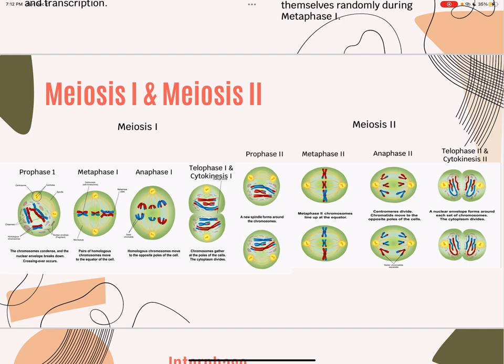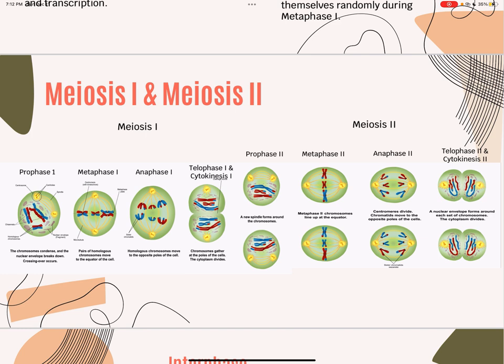In the first stage, meiosis 1, there's prophase, where the chromosomes condense, the nuclear envelope breaks down, and crossing over will occur. In metaphase 1, the next step, pairs of homologous chromosomes move to the equator of the cell, and then in anaphase 1, the homologous chromosomes move to opposite sides.